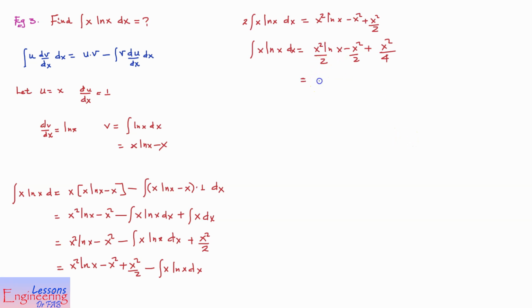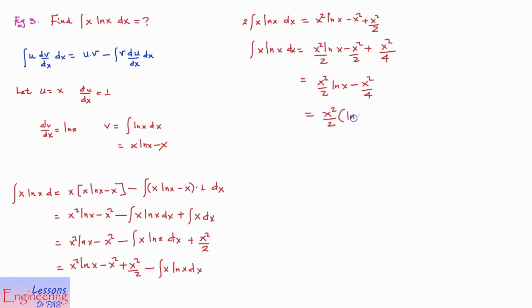Okay, so this will be x squared over 2 ln x minus half plus quarter. This will be minus quarter, that's x squared over 4. Okay, so we can end here, or we can just go in and take that common factor, x squared over 2.